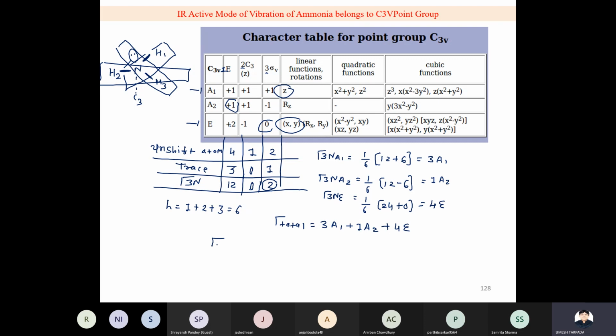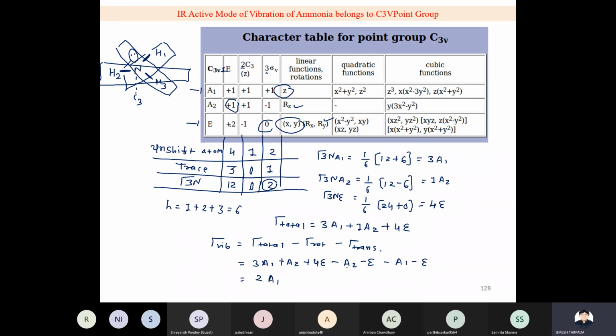How to get the vibrational modes? Vibrational modes equal total minus rotational and translation. So the total modes are 3A1 plus A2 plus 4E, minus rotational, that is Rx, Ry, Rz, that is A2 and E, and translation is XYZ, that is A1 and E. So your answer becomes 3A1 minus A1, that is 2A1.